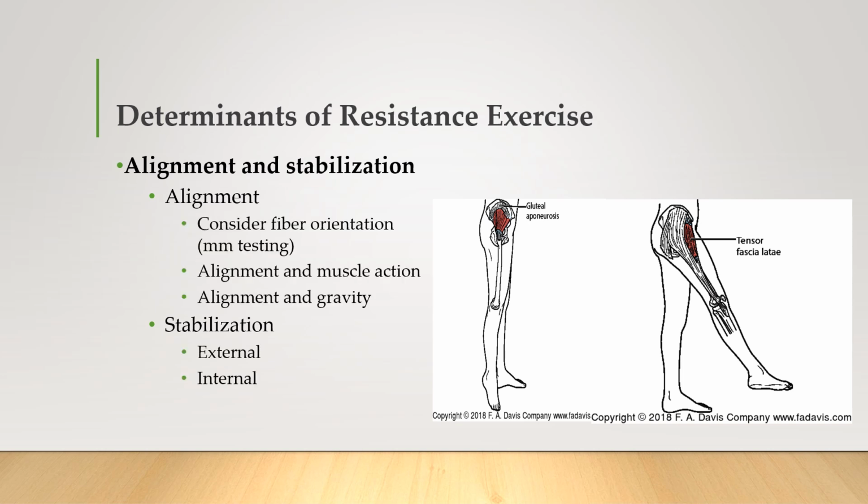So determinants of resistance exercise, some things that we're going to really pay attention to in lab is the alignment and the stabilization. Why is alignment important during resistance exercise? It's because we have to consider the muscle fiber orientation.